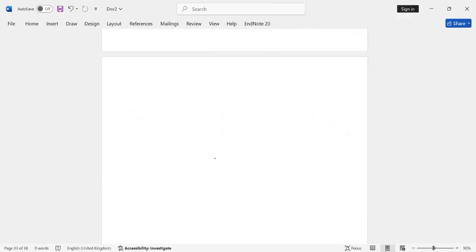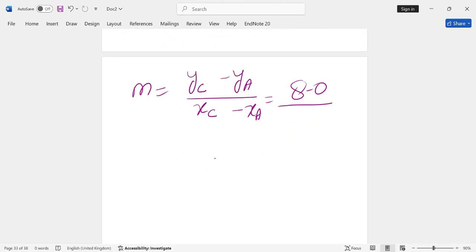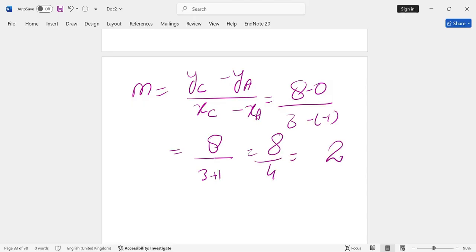So we have m equals yc minus ya divided by xc minus xa. So we have 8 minus 0 divided by 3 minus minus 1. That is 8 by 3 plus 1, this is 8 by 4, and we have the value 2.